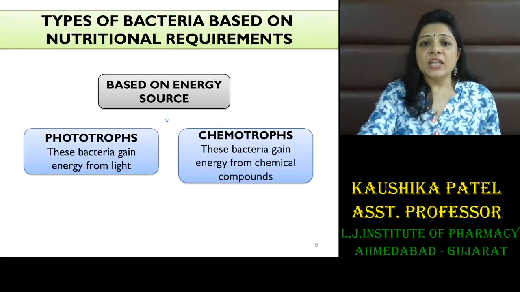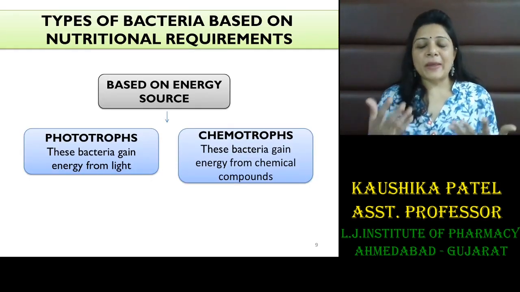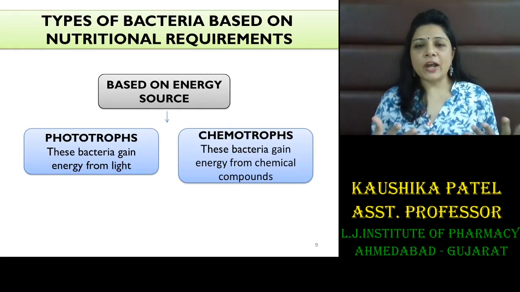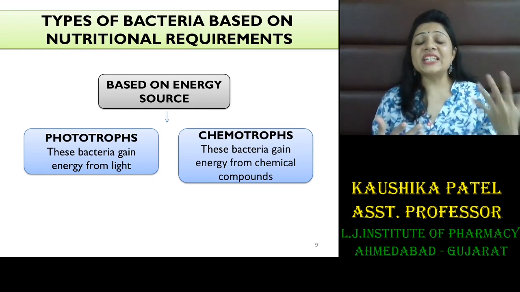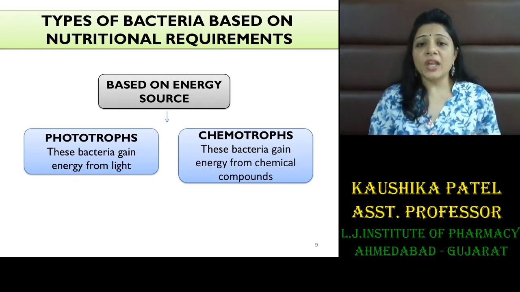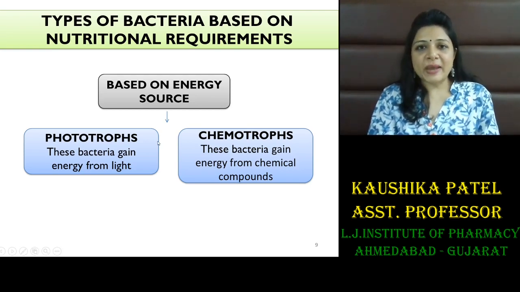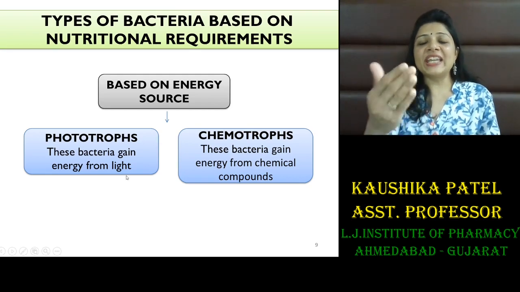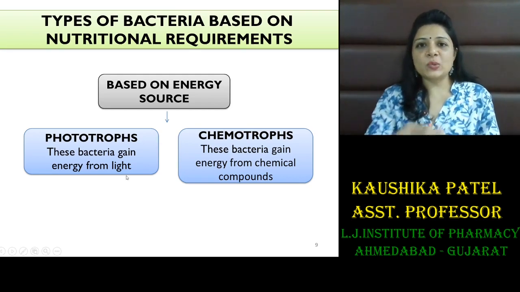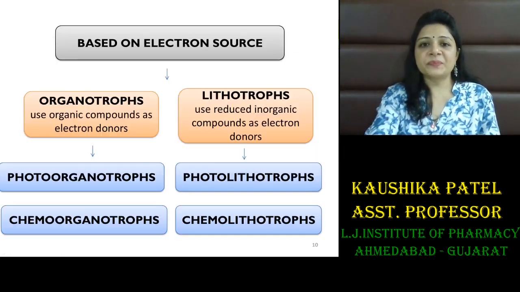Based on these important requirements, you can classify the bacteria or give an appropriate name to the bacteria. Based on energy source, there are two types of bacteria, phototrophic and chemotrophic. Phototrophs gain energy from light, whereas chemotrophs gain energy from chemical compounds.